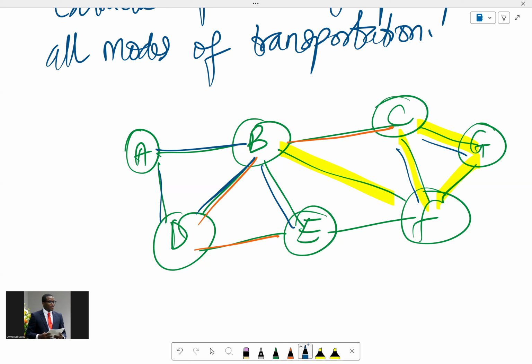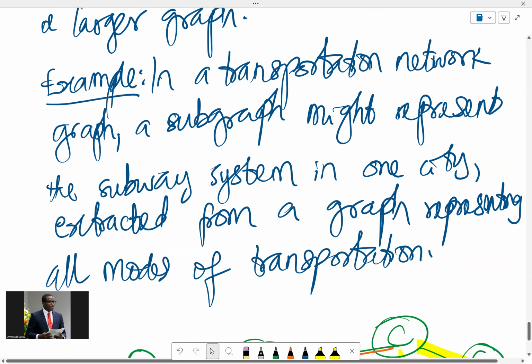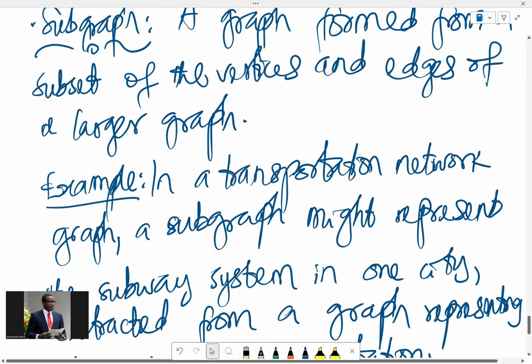If we just focus on the yellow path, that yellow thing you're seeing is actually a subgraph, if you focus on monorail alone. I think that's pretty clear.